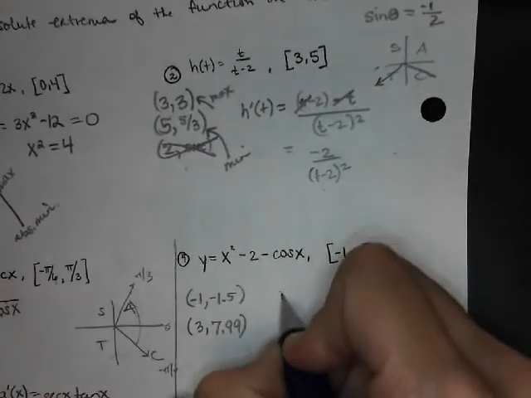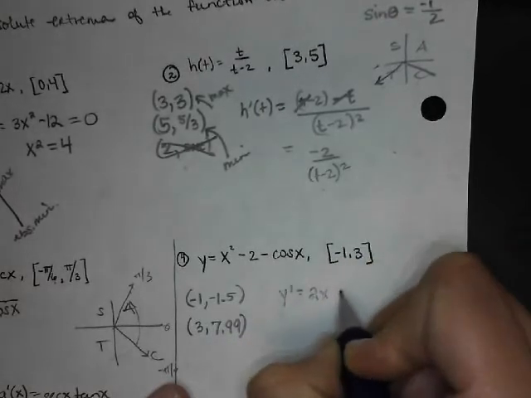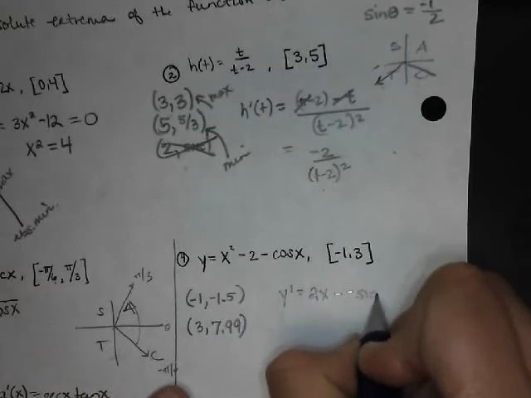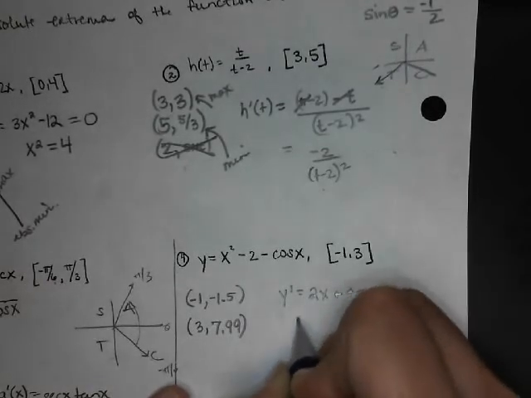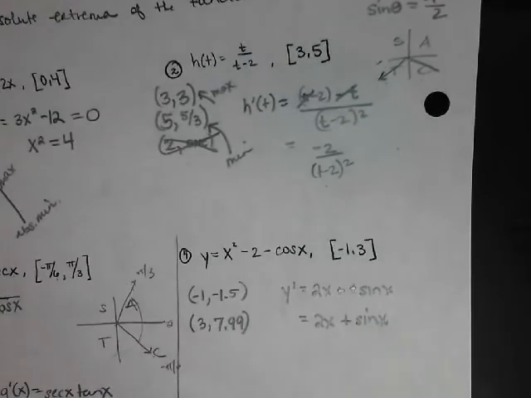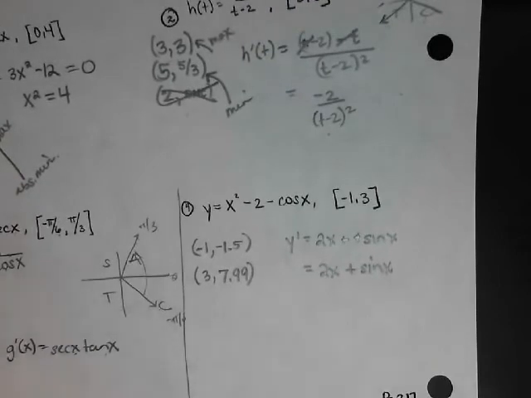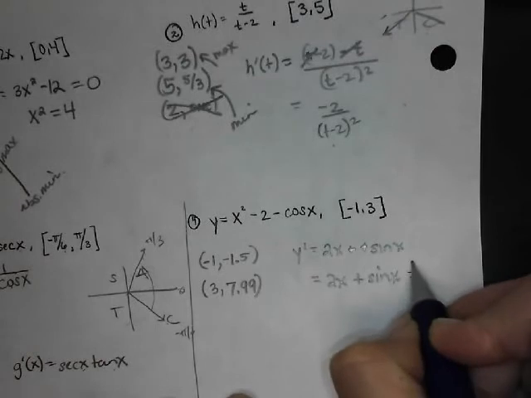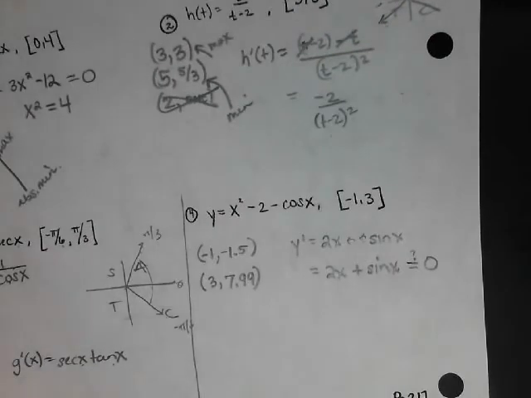And then the derivative of this, y prime equals 2x minus the derivative of cosine, which is negative sine. So 2x plus sine x, and we've got to think about when this would ever equal 0, and this is definitely a thought type question. It will never be undefined, but when will it equal 0?